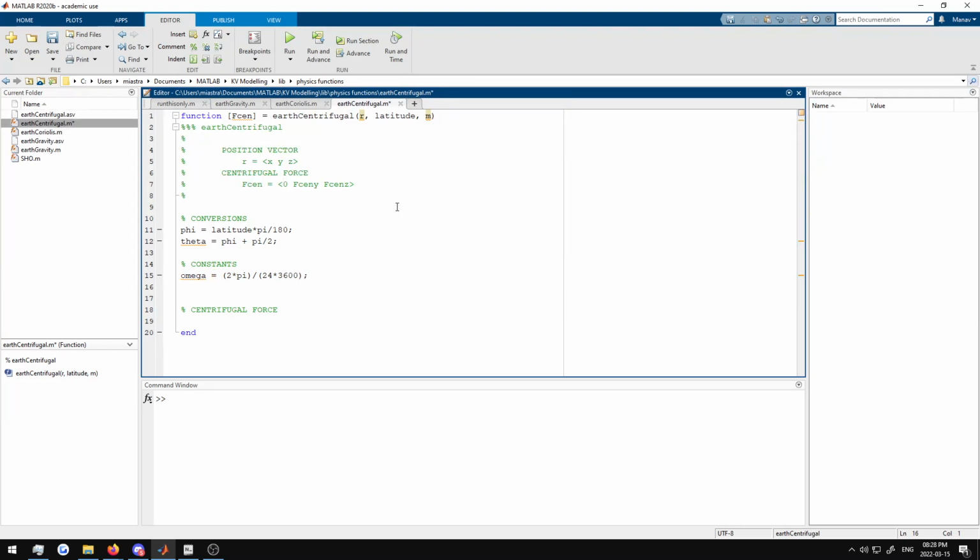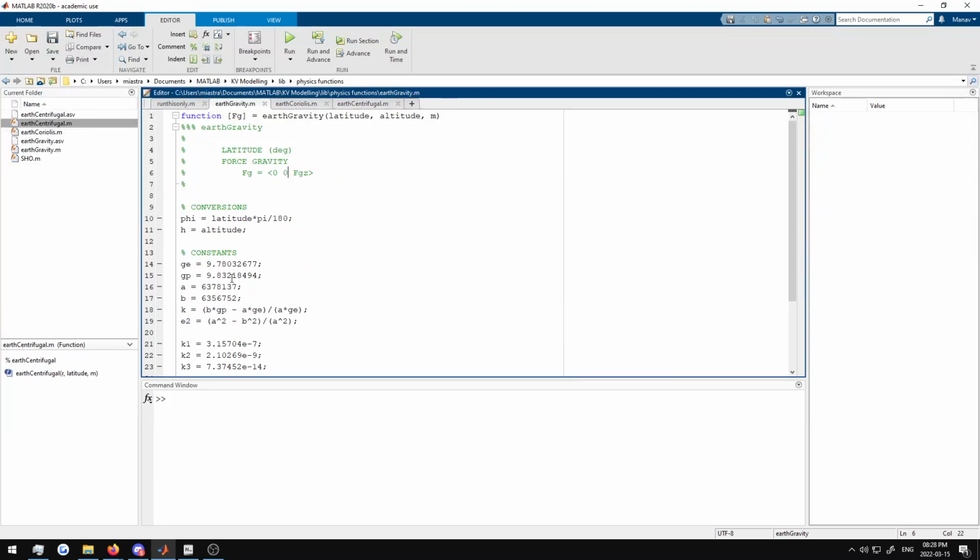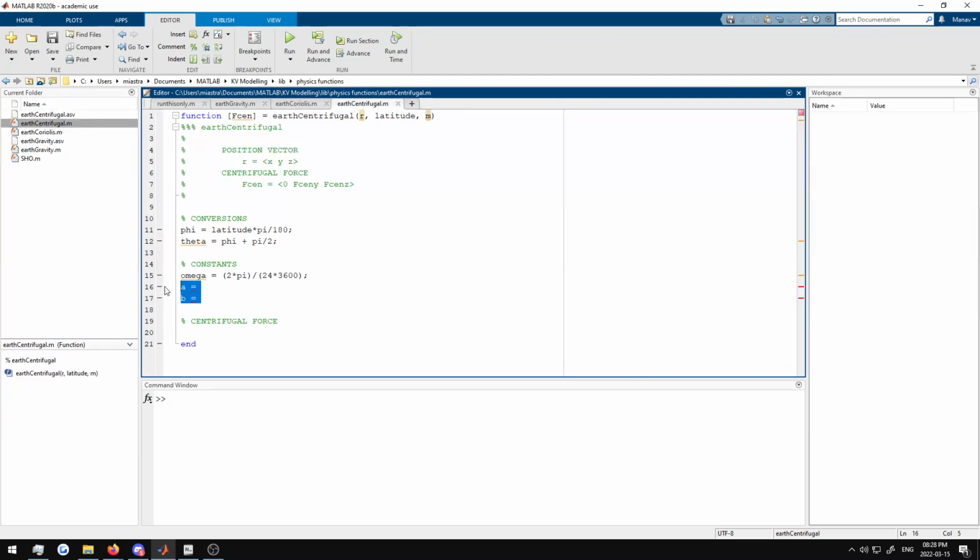We also have our semi-major and semi-minor axis. The reason why these two matter now is because we're no longer assuming that Earth is a perfect sphere. We're assuming it's an ellipsoid of sorts, and these are the values from before.